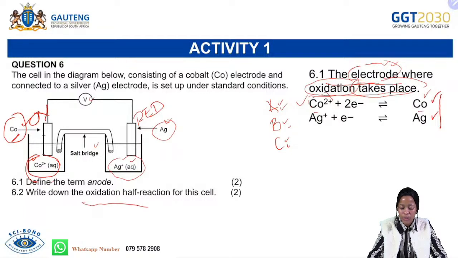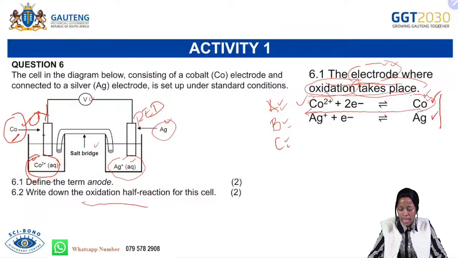Now we have identified that the one that will undergo oxidation is the cobalt. So how do we write it? When you write the oxidation half reaction, you are going to write it from the right to the left.